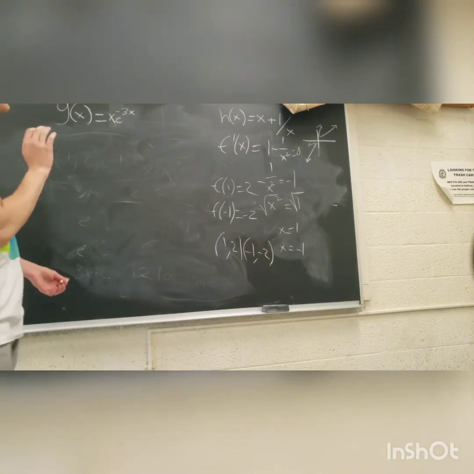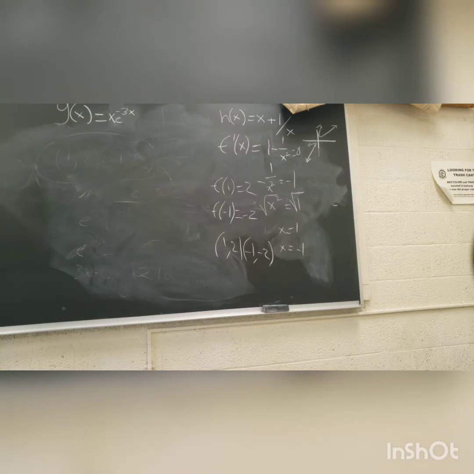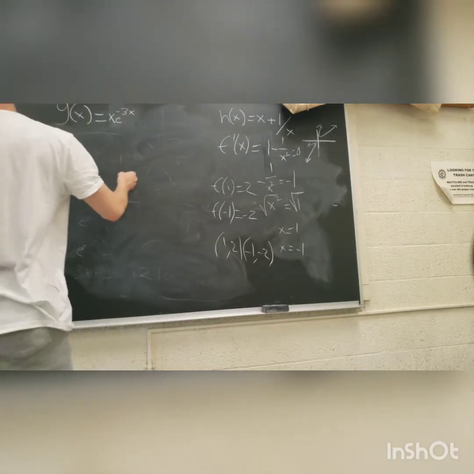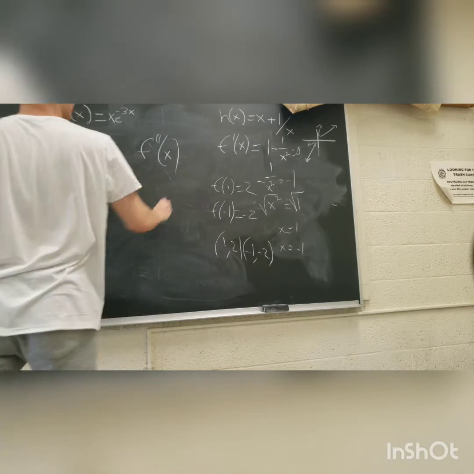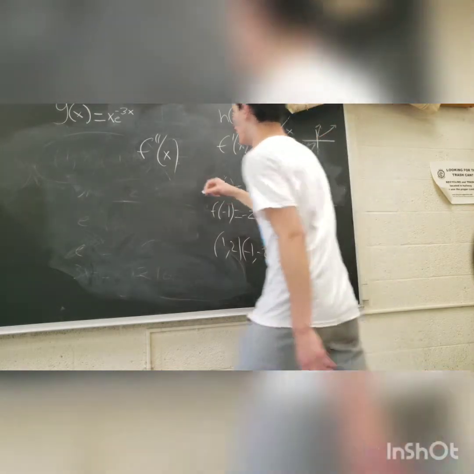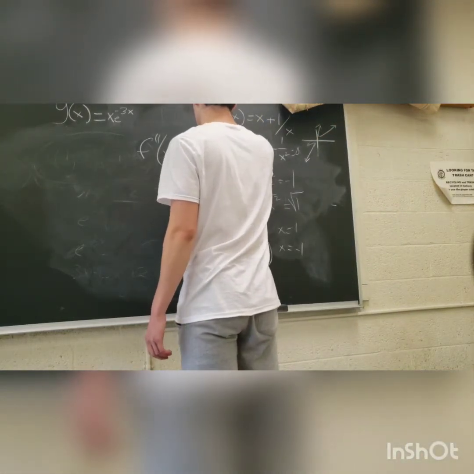And now we're going to determine what the local min and local max are. To do that, you're going to find the second derivative. So once we do this, you just find the derivative again, and you get 2 over x to the third.